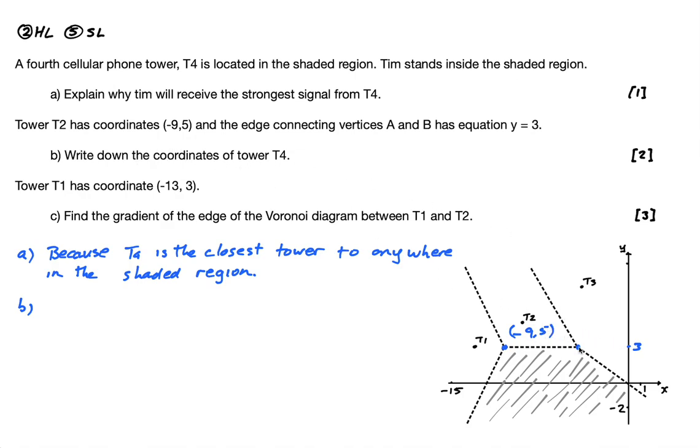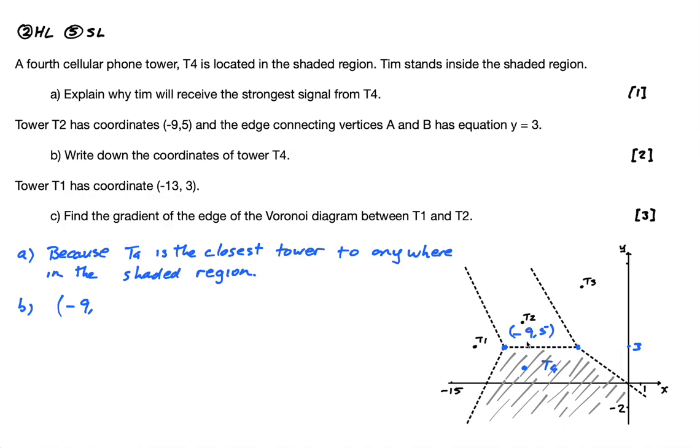Okay, so guys, it's a Voronoi diagram, which means the edges are the perpendicular bisectors of the sites, which in this case are the towers. So if this is T2, then T4 has to be exactly, like this is a line of symmetry, it has to be down here. This is T4. So it's going to be at -9 because it's not moving, because this is a horizontal line. And if this is 3, we're at 5.